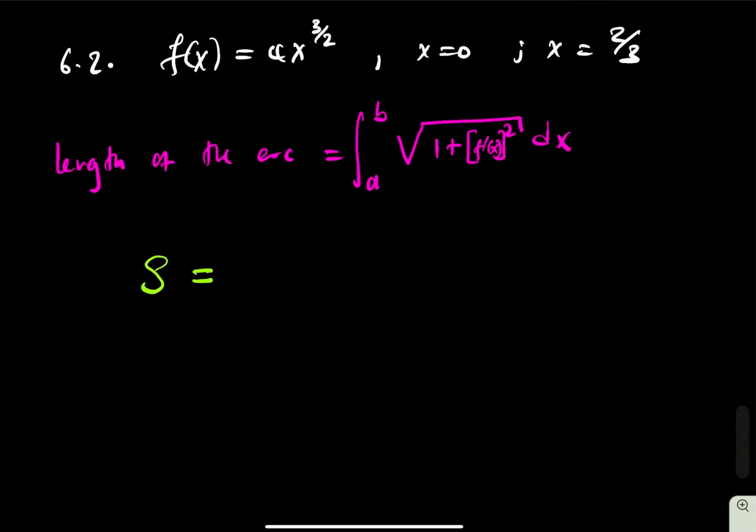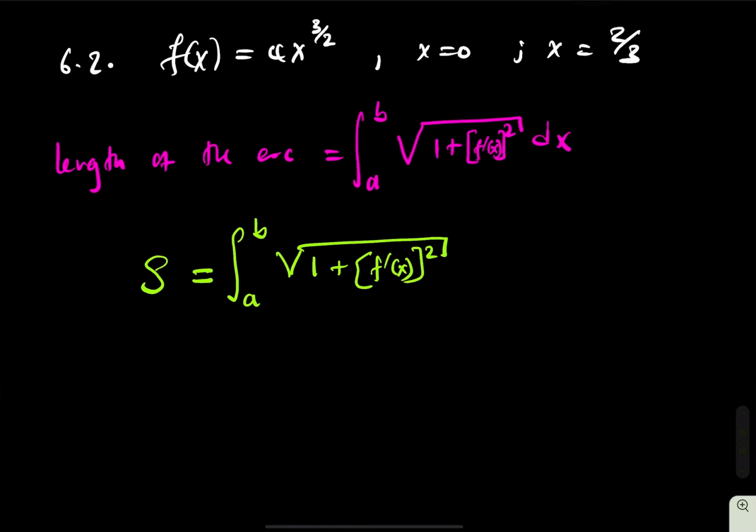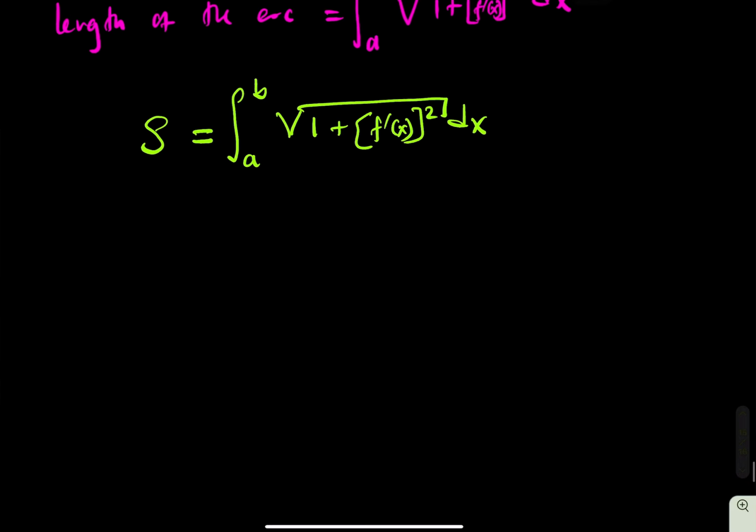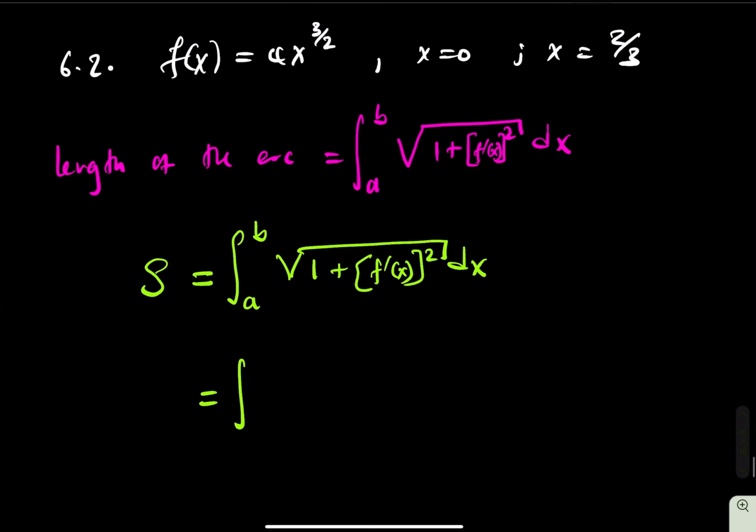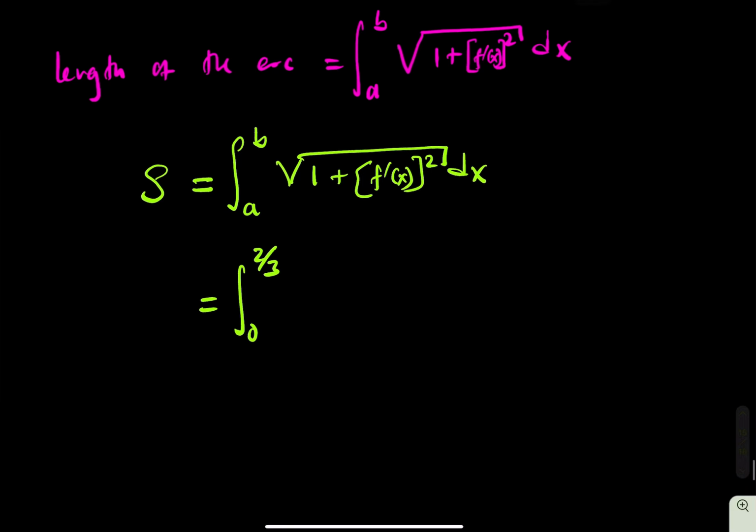S represents the length of the arc, that is the integral from a to b of the square root of 1 plus f prime of x all squared dx. All right, and that should really suffice to the bounds. The bounds are from 0, the lower fence, to 2 over 3, you know.